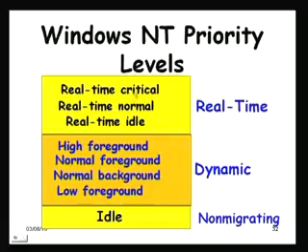You can assign priorities at this level, and in the dynamic, high foreground, normal foreground, normal background and low foreground, and within this band of priority the task operates unless you change a background task into foreground and so on. And the lowest priority is the idle task, and this is a non-migrating priority. Again, it is also a static priority, it does not change here.